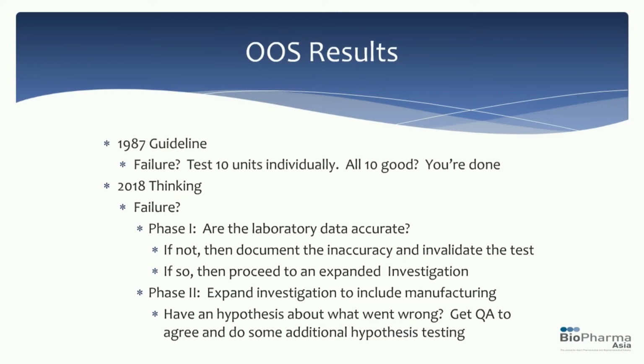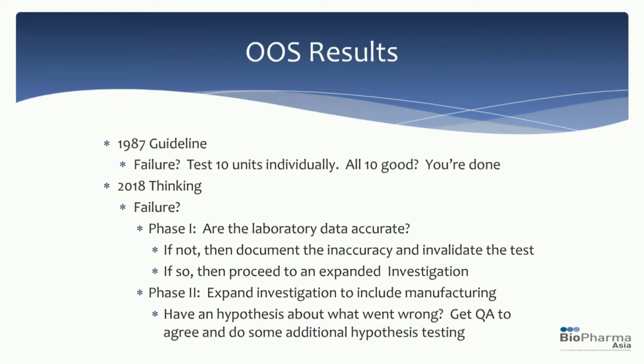So consistent with the 2006 guidance, we think, okay, if there's a phase 1, we should first look at the laboratory and say, do we believe that the laboratory data are accurate? So then there's a whole checklist that you can go through, and this is all explained in this chapter. What would you check in order to see if the data in fact are accurate or if there could have been some error in generating those data?